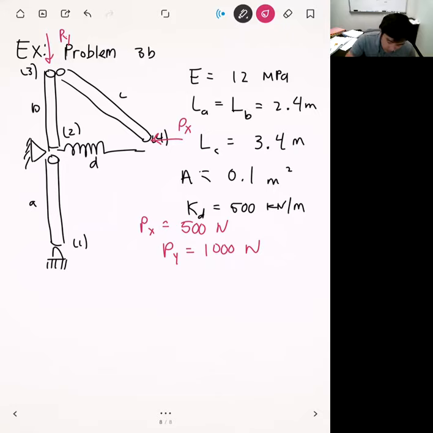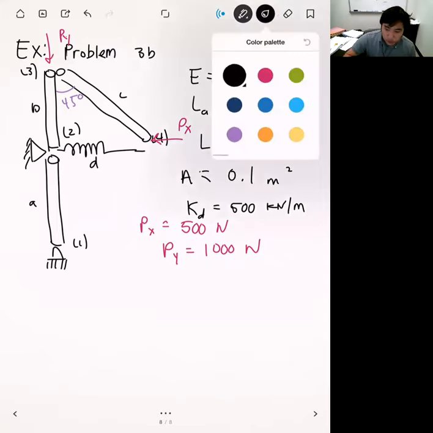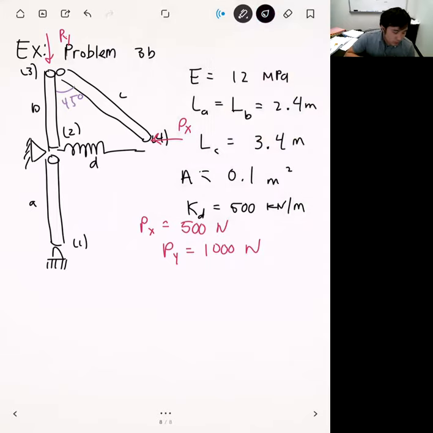And this angle right here, I always forget to mention this, is 45 degrees. We're going to progress through this problem as if it were an exam problem. We'll construct the element stiffness matrices for each element, then assemble it all into a global linear system, and then apply the boundary conditions.